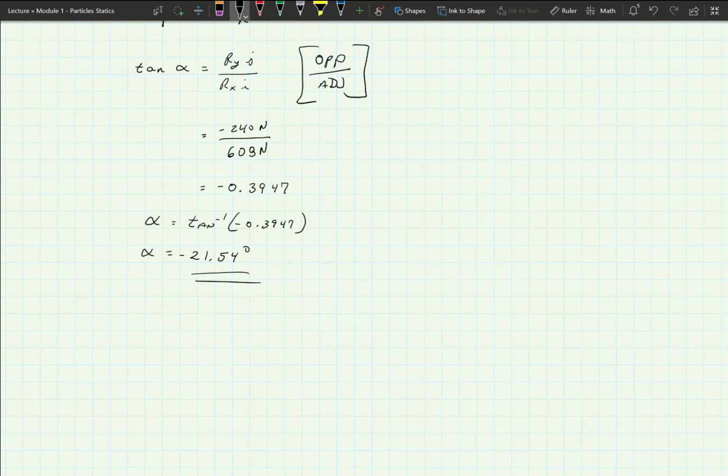And that gives us our vector, our magnitude, and our direction.